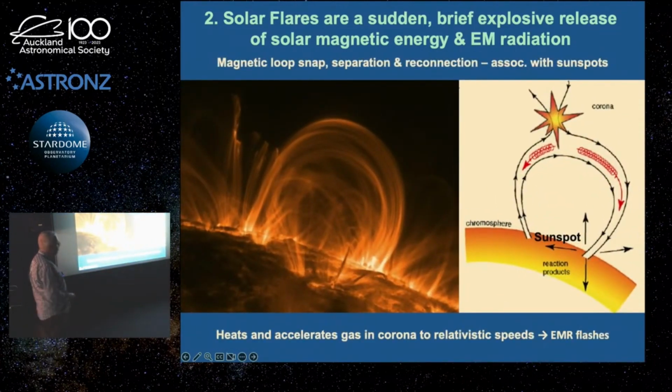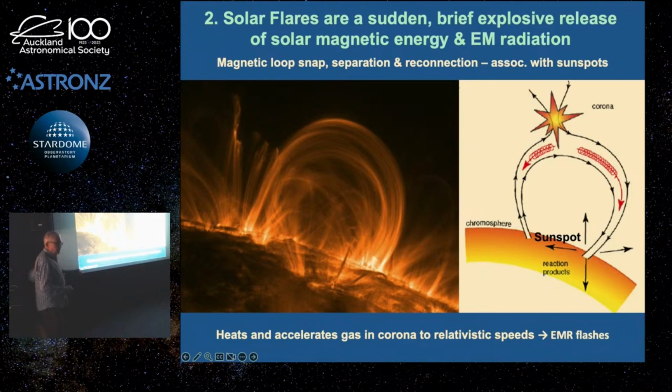Okay, so what causes these sudden bursts of intense light in various wavelengths that you see on the surface of the sun? It's all to do with these magnetic field lines that arch up like that, and they get more and more stressed, more and more distorted and tense, to the point that, if they happen to be near another one, they'll snap, separate, and then reconnect, often with another set of lines nearby.